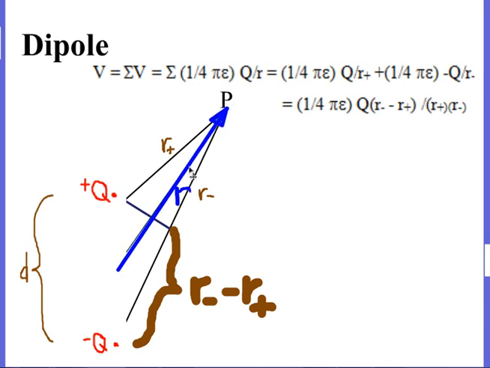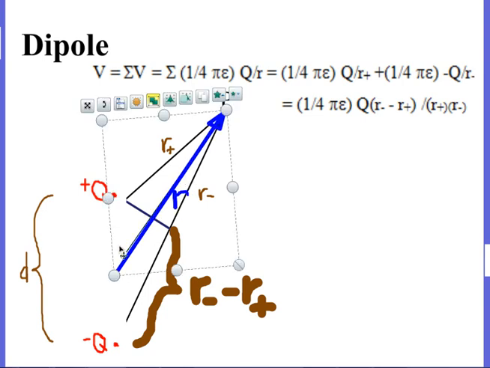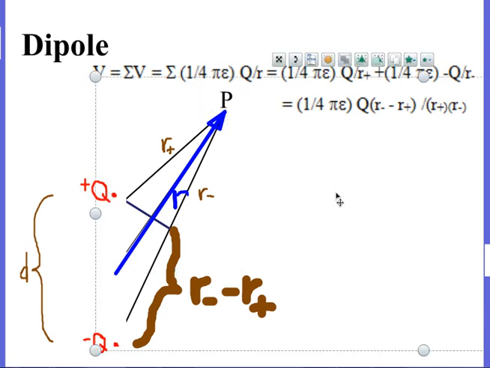Okay, so that distance from the center of the dipole out to where the thing is, which we would call the distance from the dipole. P is r away from the dipole, that if there is a location which is identified with the dipole, it would be the middle here.